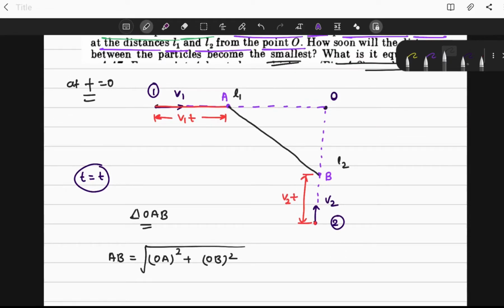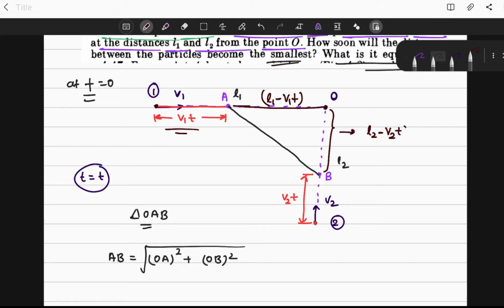We know the distance between O and A. Initially the distance between point O and particle 1 was L1, and later on it has moved by a distance of v1 t. So now the distance between O and particle 1 is L1 minus v1 t. And the distance between O and particle B is L2 minus v2 t.